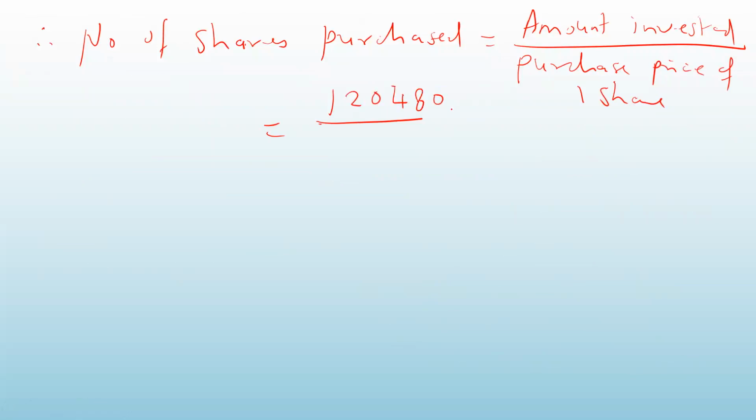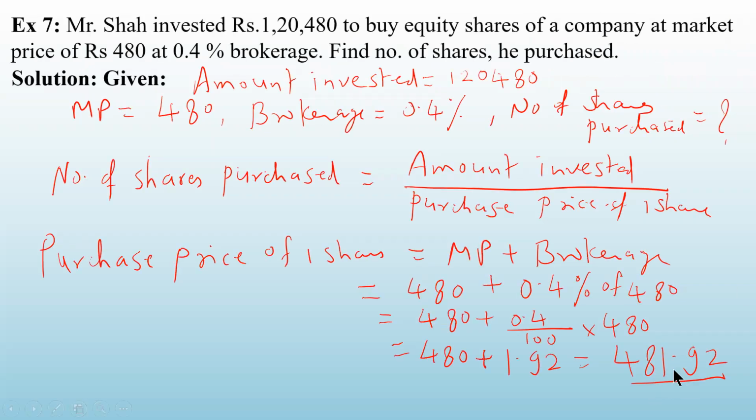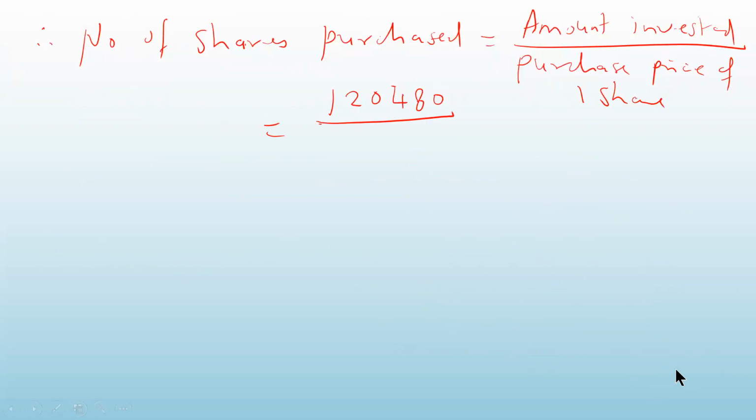And what is the purchase price we just calculated? 481.92. Okay. So divide this and see how much you are getting. You are getting 250. That means how many shares are purchased? 250. Therefore, number of shares purchased is 250.